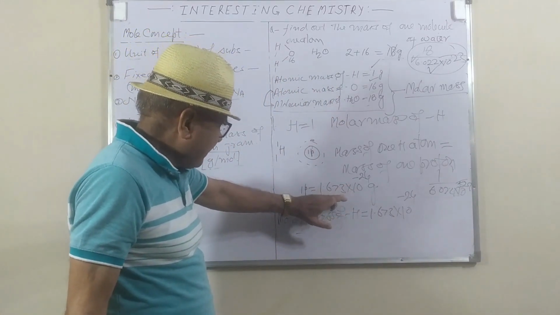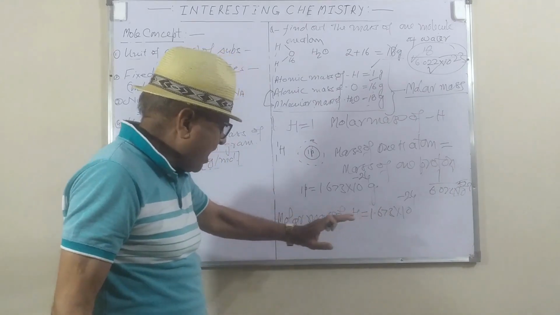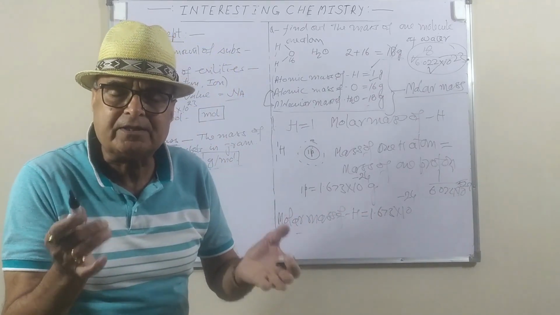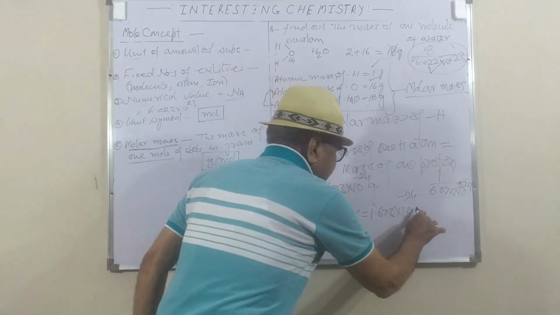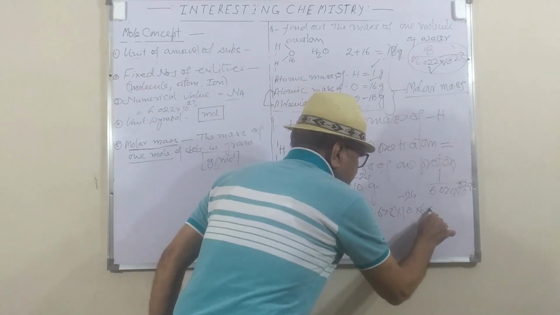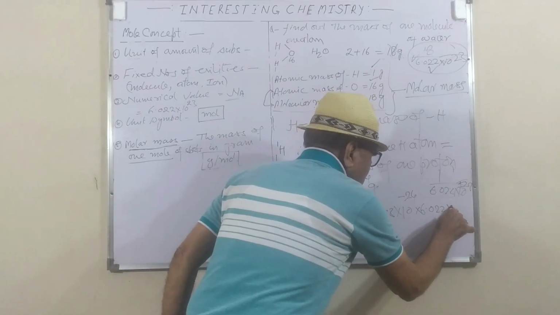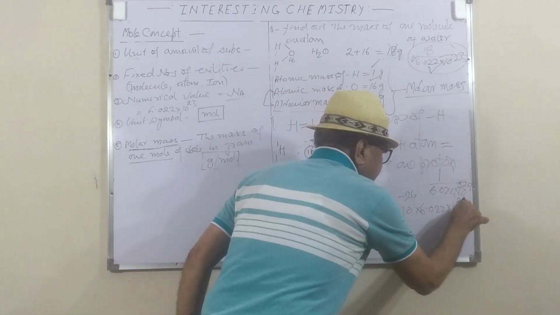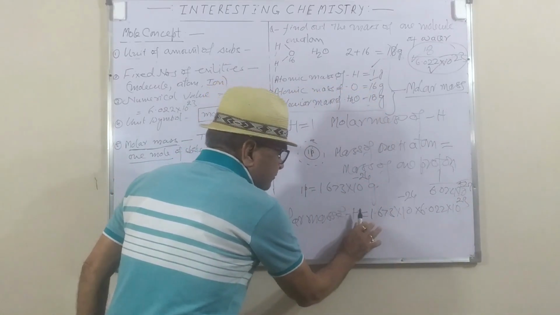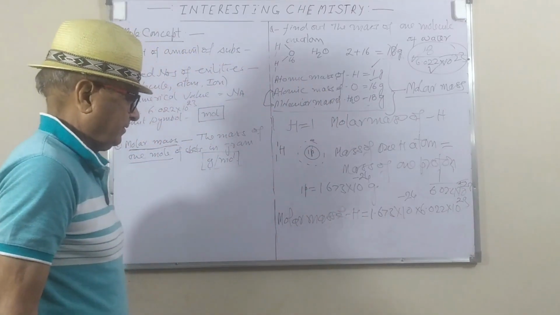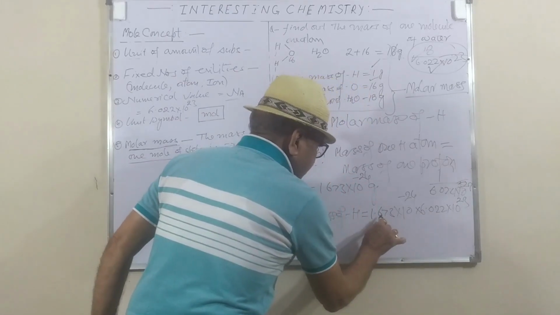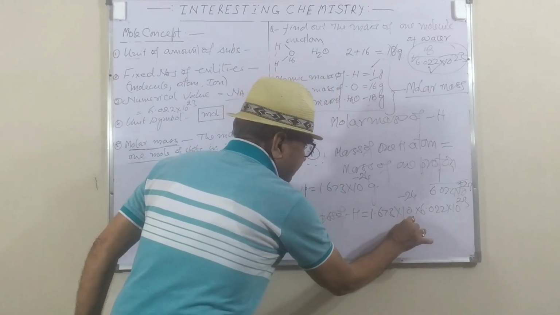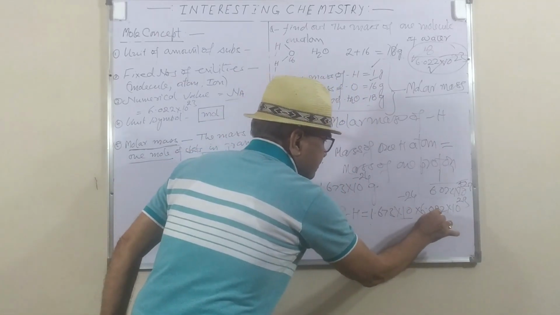The mass of one atom of hydrogen is this, and how many atoms are there in 1 mole of hydrogen? That will be 6.022 into 10 raised to the power 23. So this will be the molar mass of hydrogen. Now, if you write here, this has gram and this is mole.